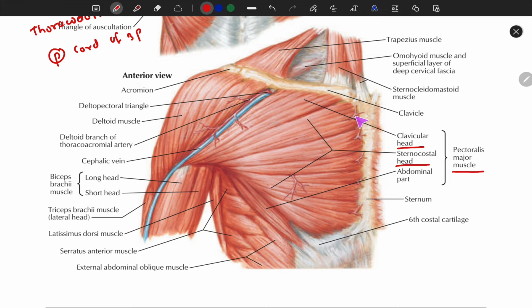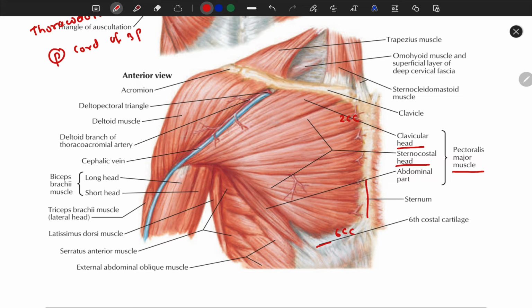The sternocostal part is originating from the lateral half, anterior part of the sternum at the level of the 6th costal cartilage. So this is the 6th costal cartilage and this is the sternum. It also originates from the 2nd to 6th costal cartilages.